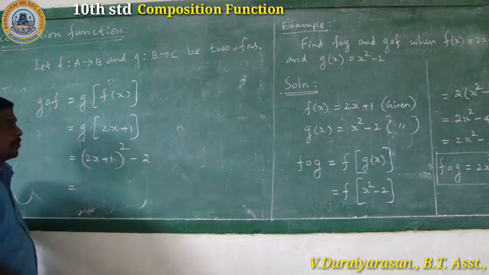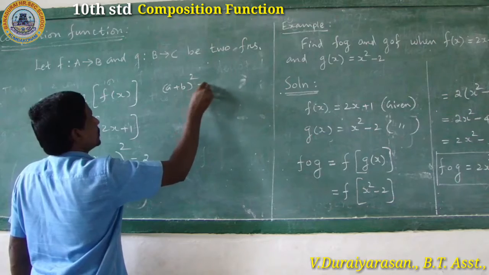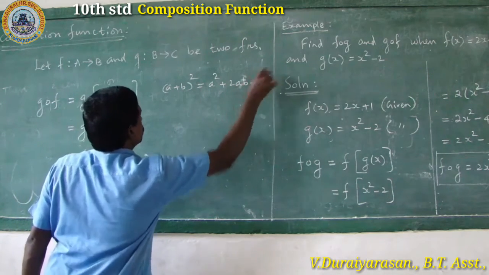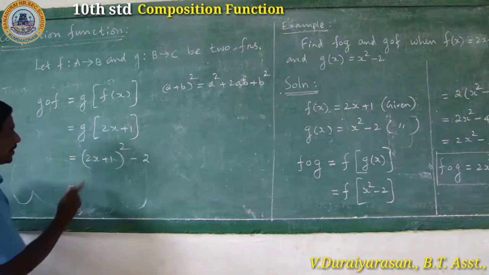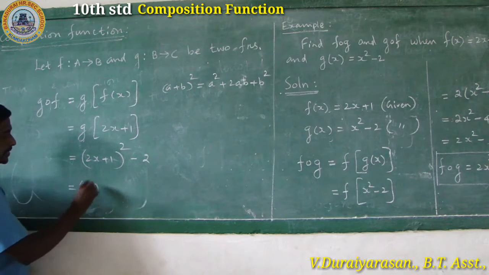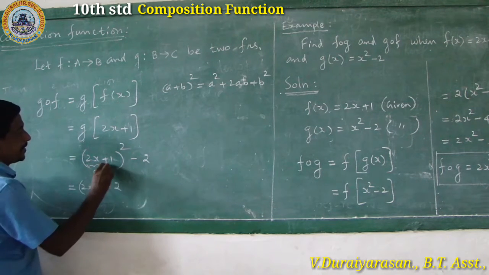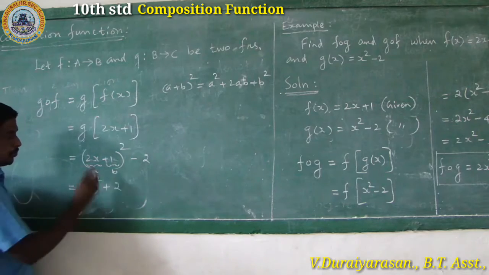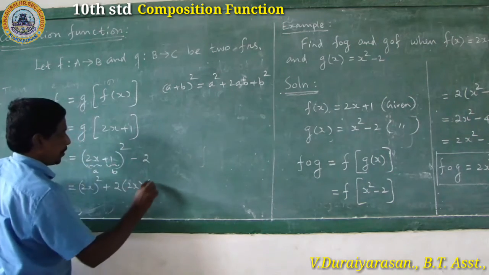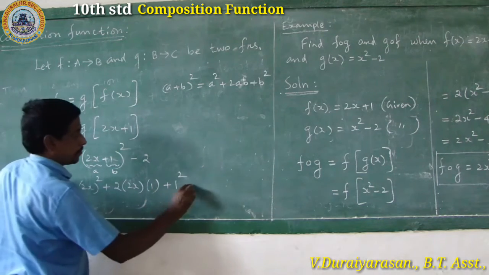This is a plus b whole square, which is equal to a square plus 2ab plus b square. In the same way, a is equal to 2x, so 2x whole square, and b is equal to 1, plus b square, 1 square minus 2.